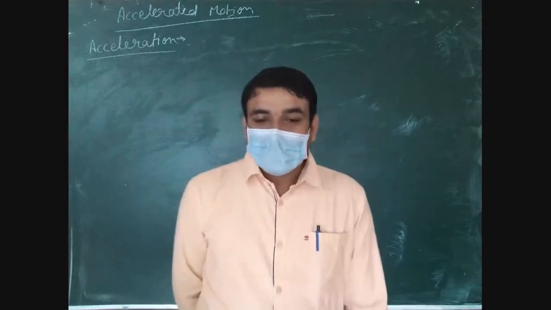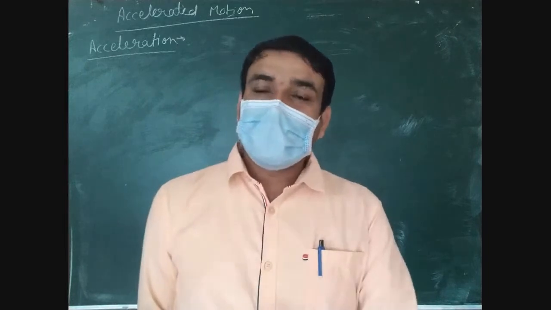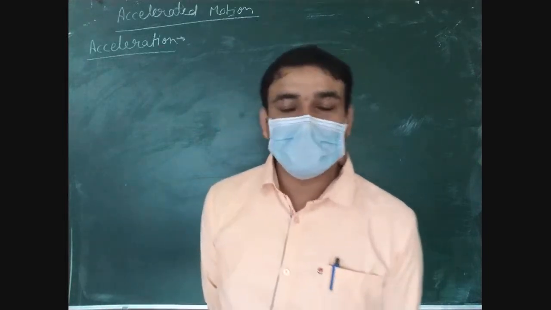for an instant of time the speed of the body is 5 meter per second, and in another instant of time it will change from 5 to 7 meter per second, and then for another instant of time it will be 4 meter per second. So you will observe in these examples that the body is not moving with a uniform speed.